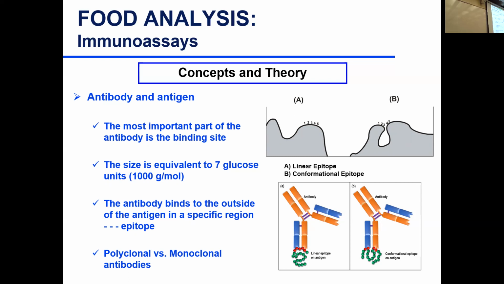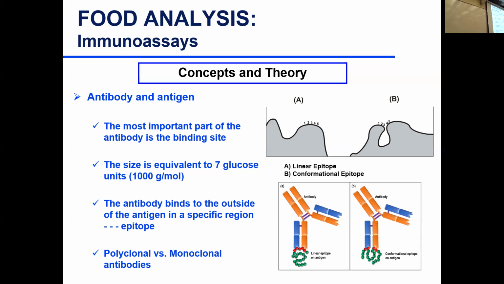Another important terminology is polyclonal and monoclonal antibodies. So what are these? Polyclonal antibody: let's say a foreign protein or a protein that we are going to be allergic to, like this protein molecule. You have an epitope here, an epitope there.